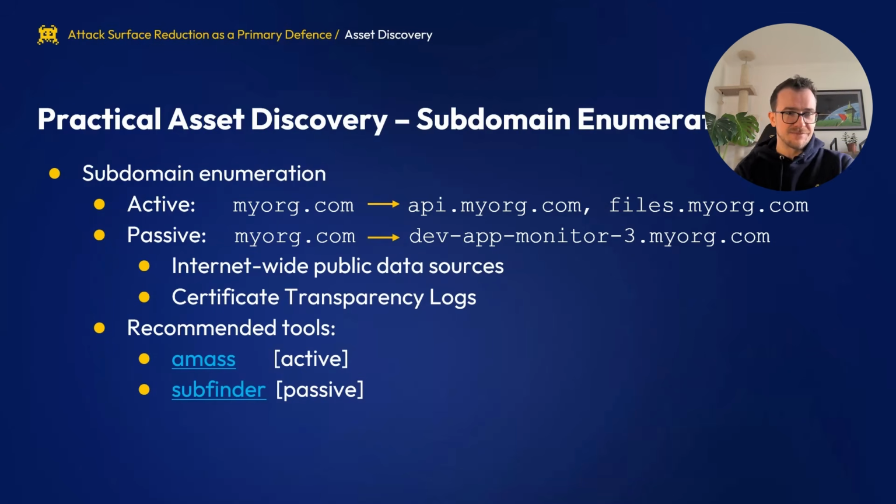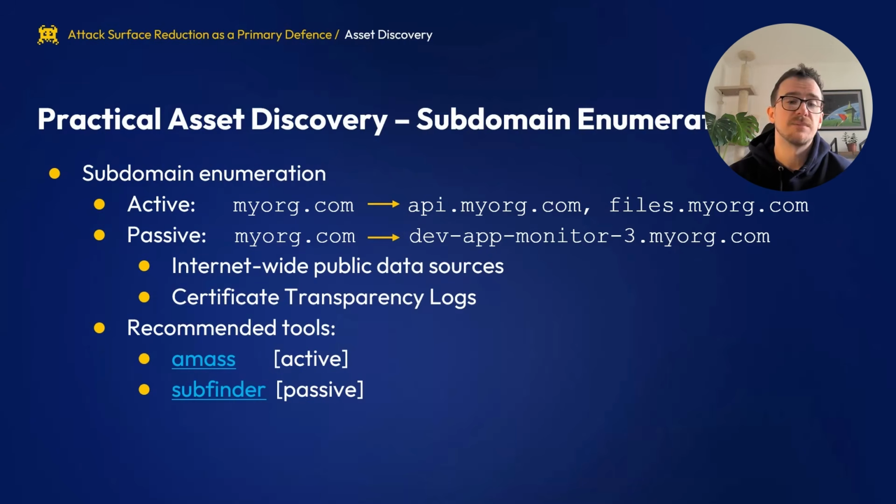Active subdomain enumeration is basically a type of brute forcing. So we feed into a tool a list of words that could be a subdomain. In this case, api and files are two that we found. So we feed in a long word list, which includes the word api and the word files.